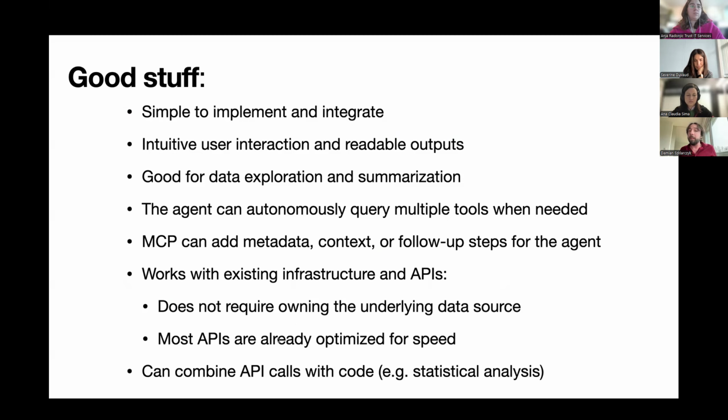And you don't need to use an API. With those tools, you can use any code that you write, including for statistical analysis, if you want. So you can, for example, first call some resource, get the data, do some statistics, and then give the statistics to the agent if the tool says, look, compute the statistics for X.